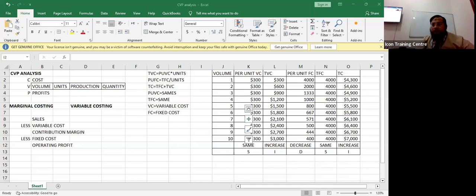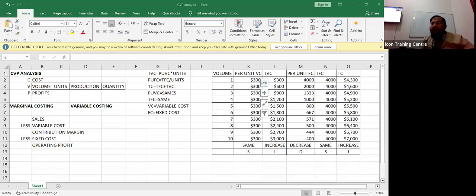Right? Okay. So if you don't mind, can I ask you something? Brother Rizwan, this yellow line, which cost is this? Per unit fixed cost or total fixed cost? This is total fixed cost.